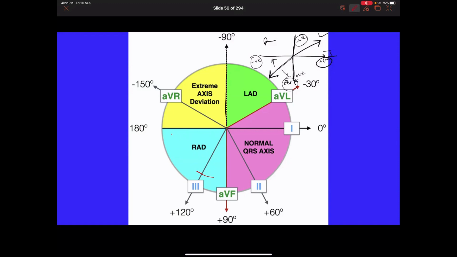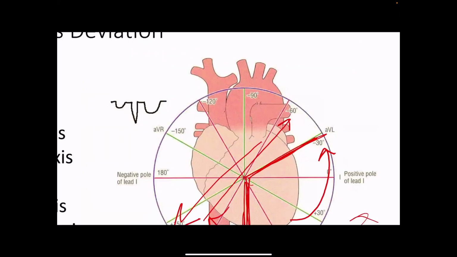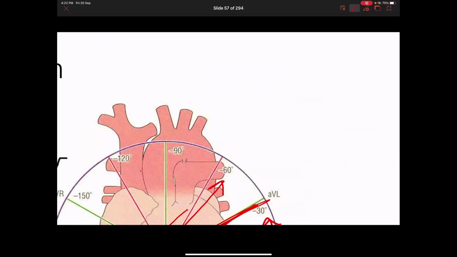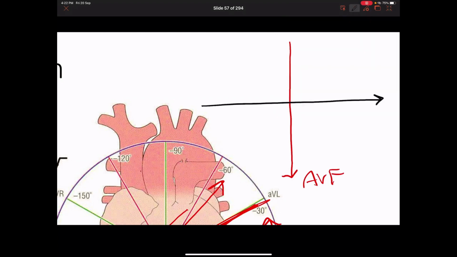No. Okay, I'll just summarize quickly one last time because I feel like it was kind of messy. Let me use this space. Draw this line. This line is your AVF. Let's use a different color. This line is your lead 1.